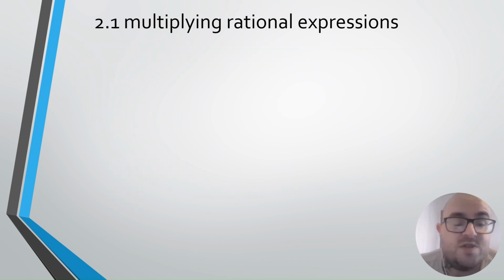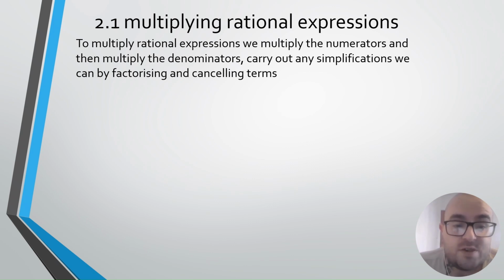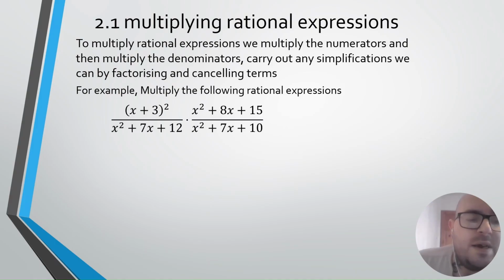Multiplying rational expressions. To multiply rational expressions, we multiply the numerators and then multiply the denominators, and then we just simplify them. It's quite straightforward. So we have x plus 3 squared over x squared plus 7x plus 12 times x squared plus 8x plus 15 over x squared plus 7x plus 10.